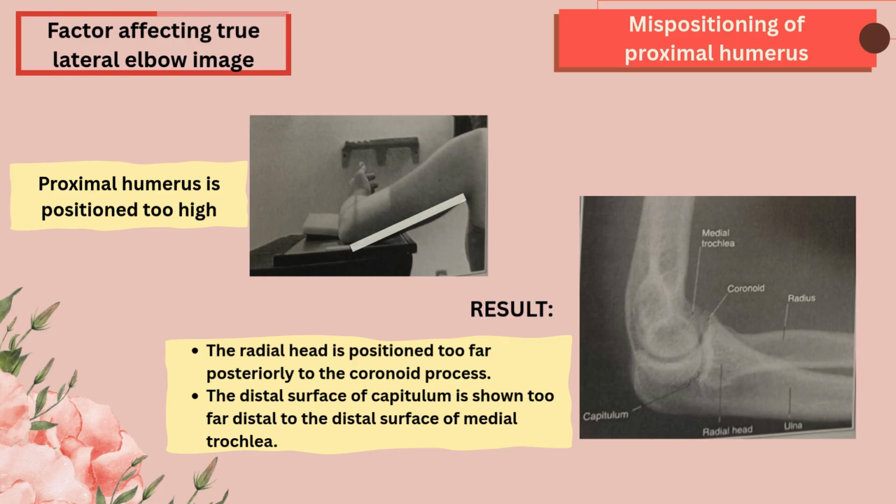How to correct this? We have to lower the proximal humerus until the humeral epicondyles are superimposed and the humerus is positioned parallel with the IR.